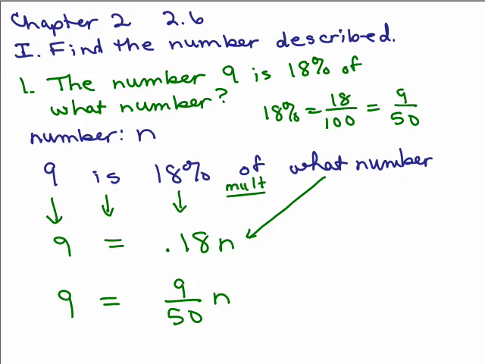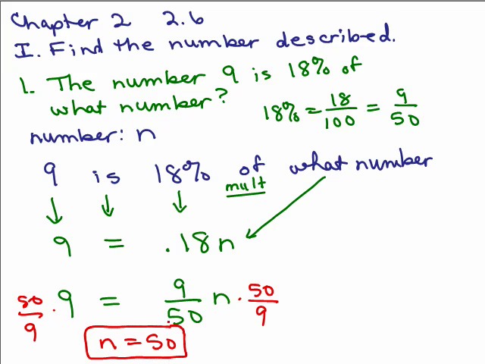I'm really a fraction person, so I multiply both sides by the reciprocal 50/9. Nines cancel, and I get n is 50. Which is the number. So n is 50.